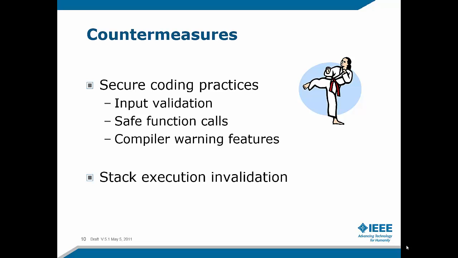And there are some hardware solutions too. So, for example, there's something called stack execution invalidation, which means your memory detects a piece of code trying to be executed in your stack area, and then it automatically disables the execution of a piece of code in your stack space. In our course, our focus is secure coding, so we'll be discussing input validation and safe function calls definitely in more detail.